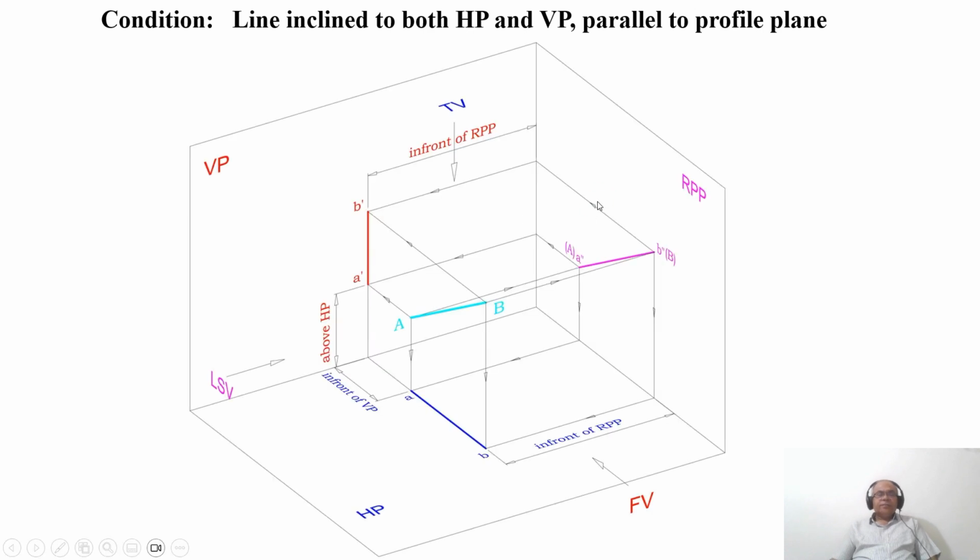This is the three-dimensional sketch. How would the position of the line be, which is inclined to both HP and VP and parallel to the profile plane?